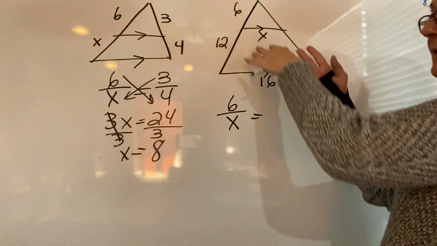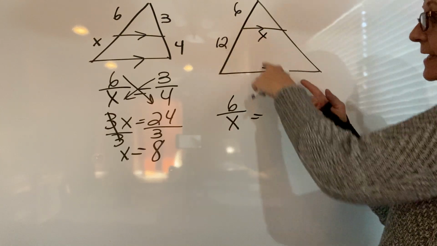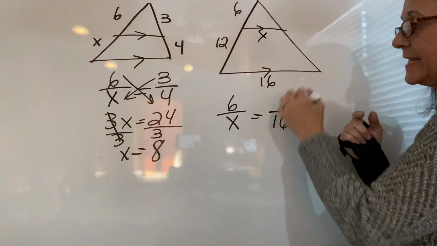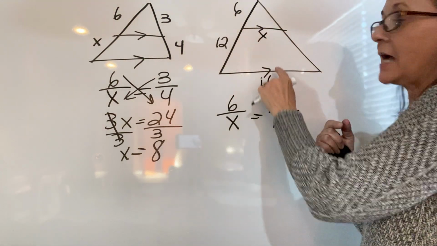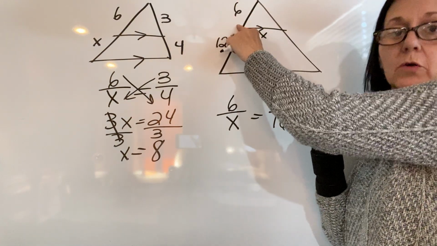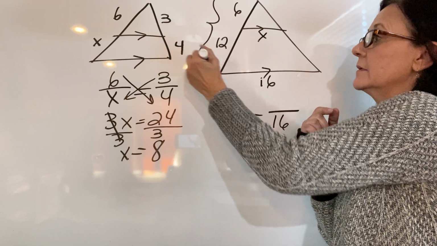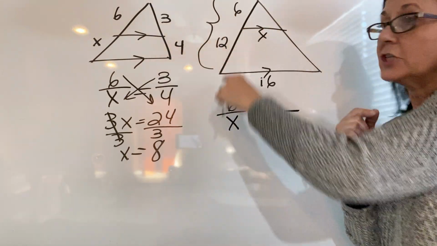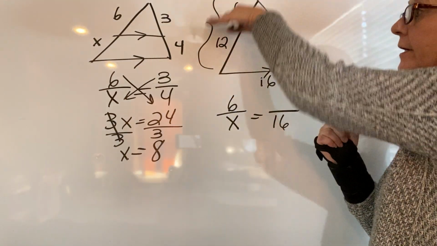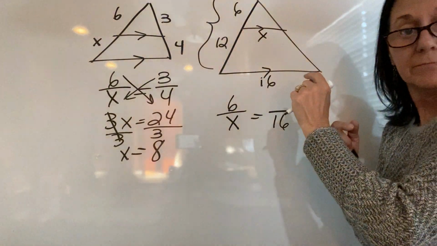But now I'm going to look in the big one. I know that X corresponds to 16 in the big one. It's the same side. But what side corresponds to 6 in the big one is this entire side. Not just the 12, it's the entire side.